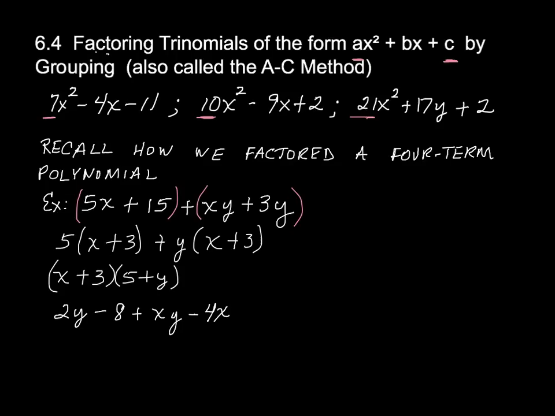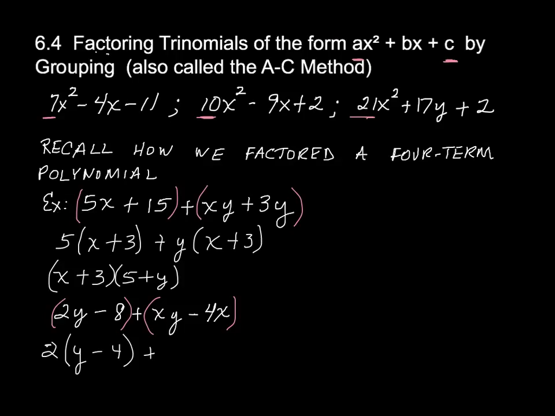The next example, I can group the first 2 and the second 2. If you wanted to rearrange them, you could, but it doesn't make sense to rearrange them here. So what can we factor out of the first binomial? 2, and it leaves us y minus 4.